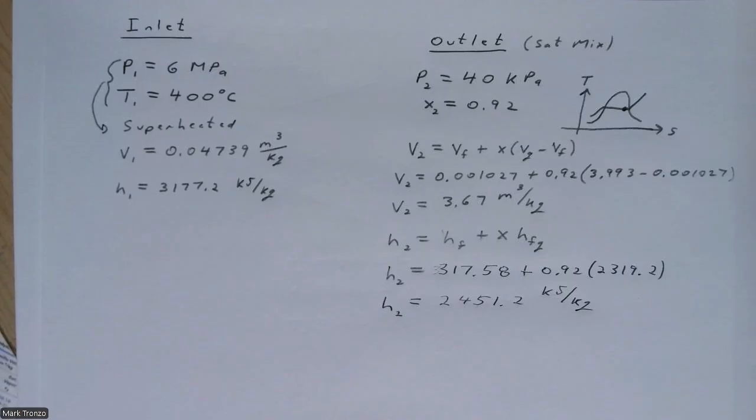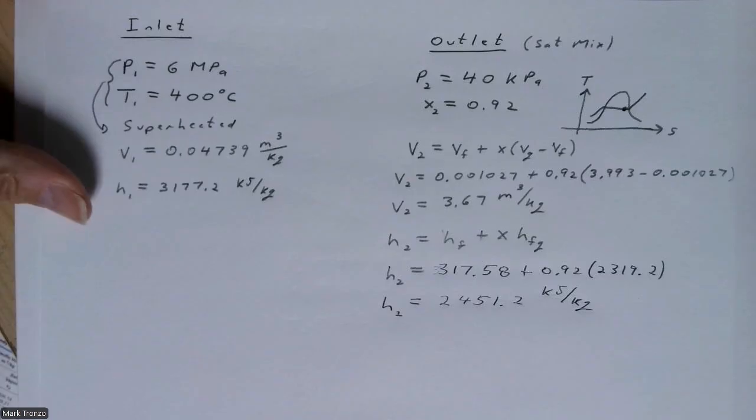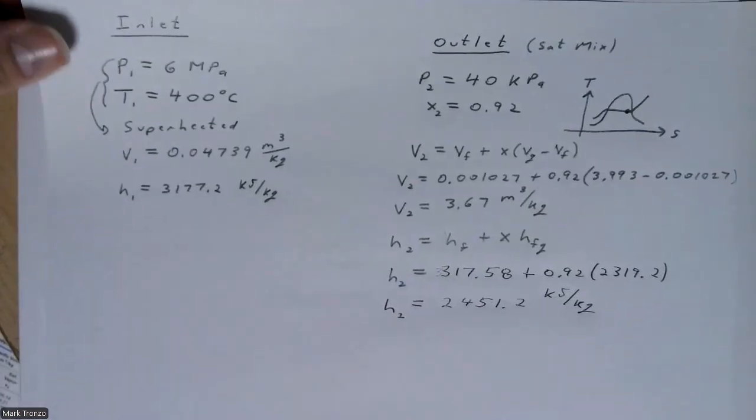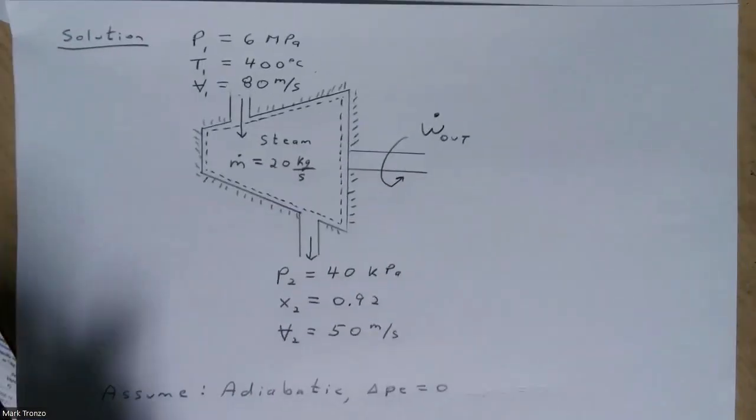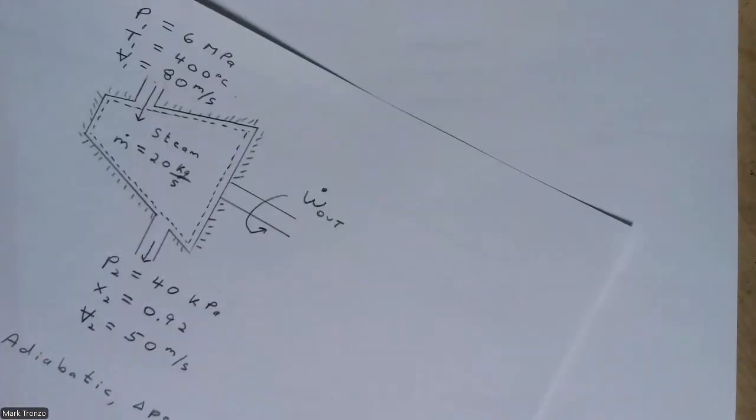So let's actually calculate some of the things that we were asked to do. Now, the easiest one, the change in kinetic energy, is going to be very easy because we're given the inlet and exit velocities.